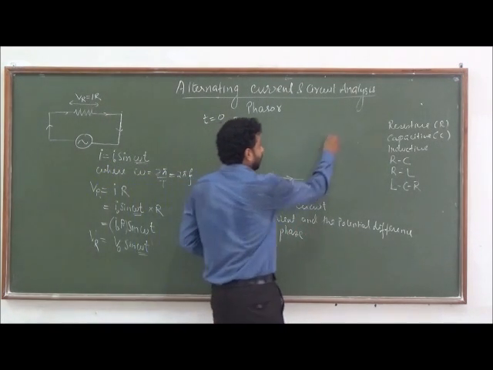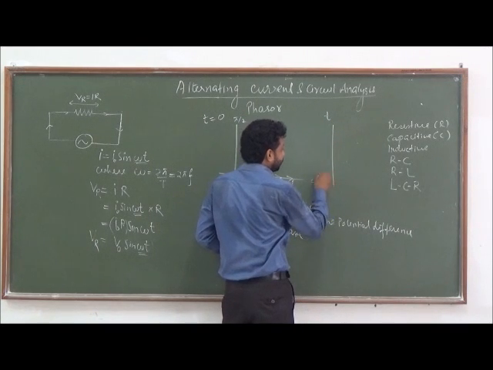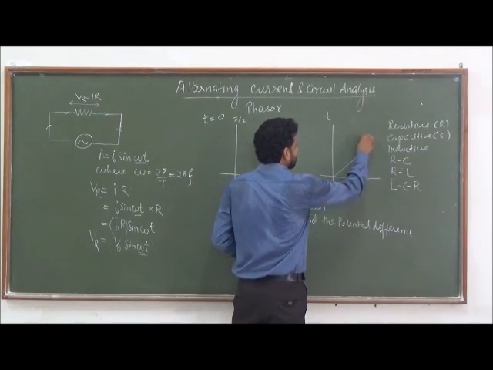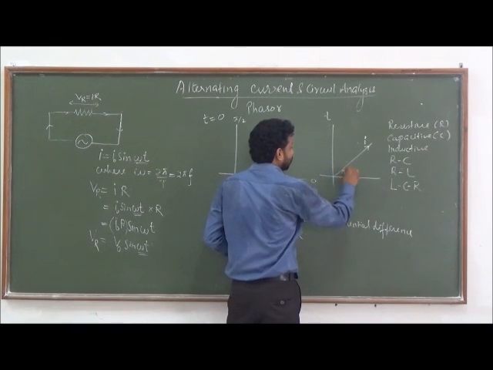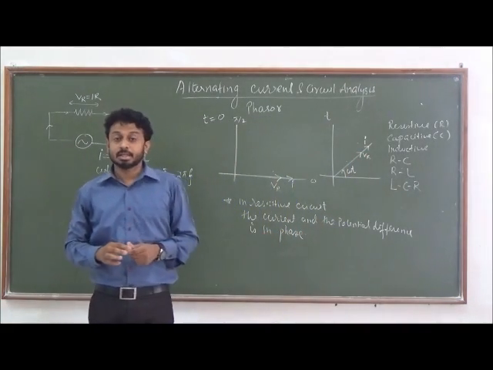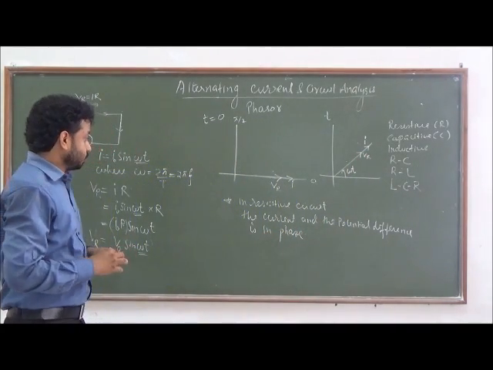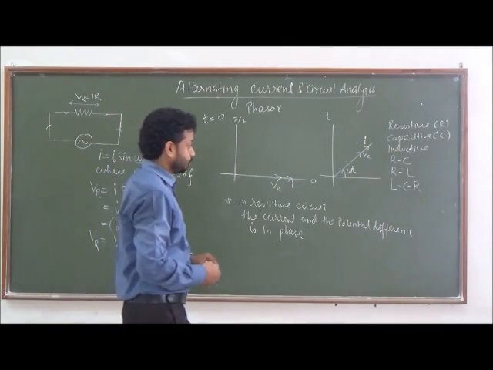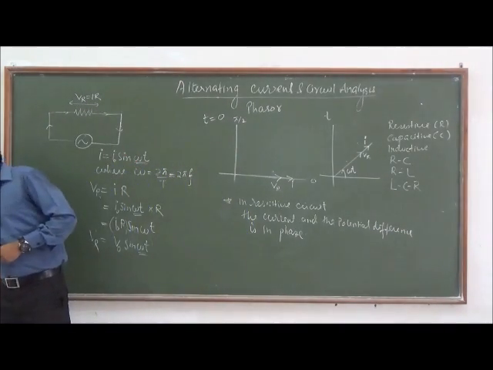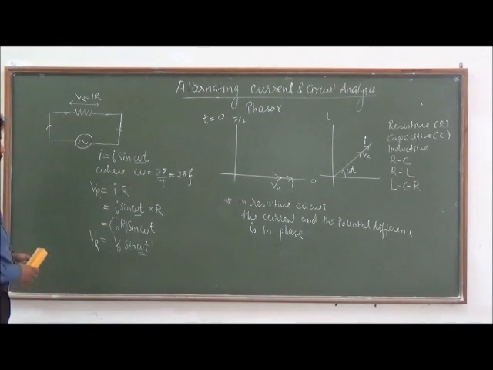That means at any instant of time, if I plot a phasor diagram, if current makes a phase of omega t, then potential will also make a phase of omega t. So basically in the resistive circuit, both current and potential are in phase. This is the first part.